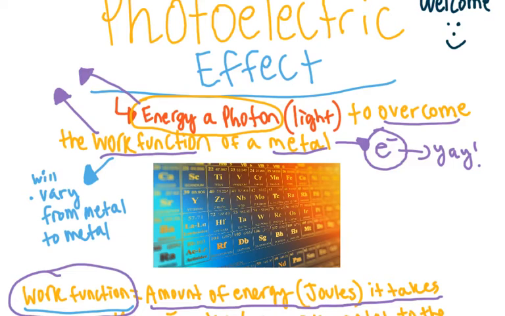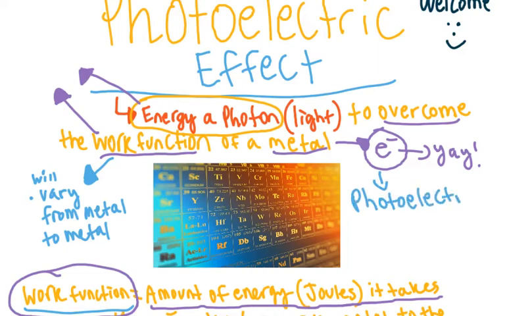Just like that, if the energy of this photon overcomes the work function of that metal, then the electron that this photon collides with in the metal will be freed to the surface. And if, and only if, the energy of the photon overcomes the work function and the electron is freed, then that electron is called the photoelectron.